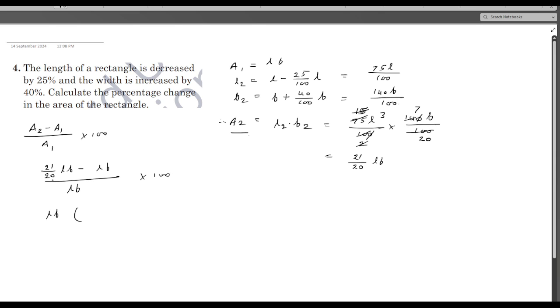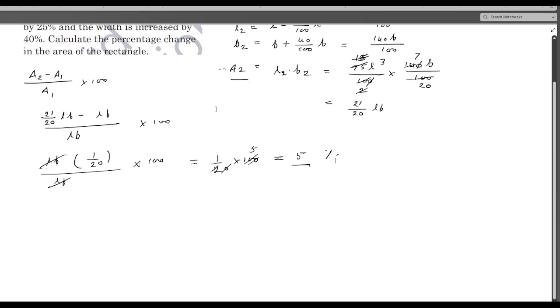Now 21 divided by 20 minus 1 is 1 divided by 20, and here in the denominator we take LB common, so this LB cancels. This whole multiplied by 100 will give you 1 divided by 20 into 100, so this is 5. So the percentage change in area of the rectangle is 5%.